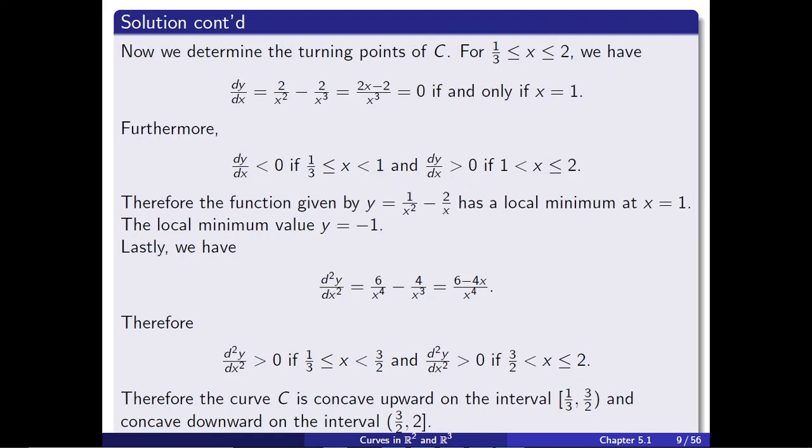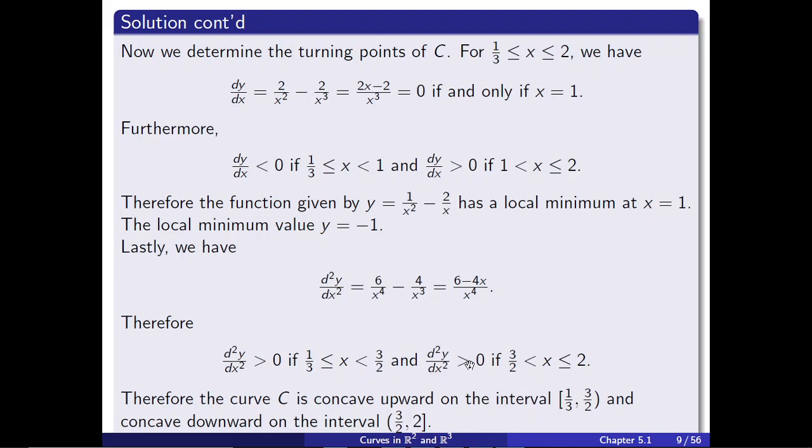And then we want to also find out where the curve is concave upward and where the curve is concave downward, and so therefore we find the second derivative, and we find where the second derivative is positive and negative.